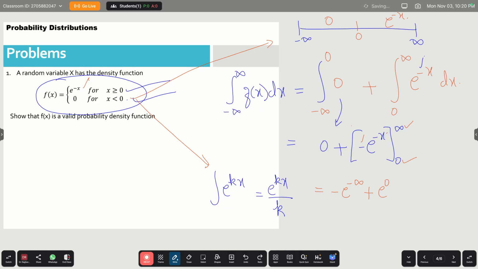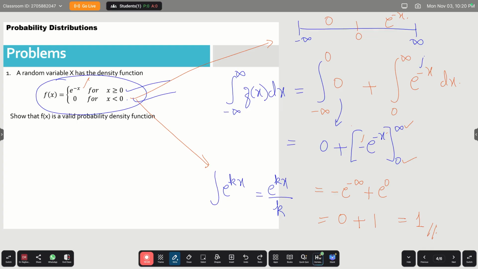And e power minus infinity value is 0, plus e power 0 value is 1. So the final result is 1. So this proves that the given function is a valid probability density function. Okay. Similarly, whenever you want to check whether any function is a valid probability distribution or not, you just have to make sure the function is non-negative, and when you integrate from minus infinity to plus infinity, it should give you 1.